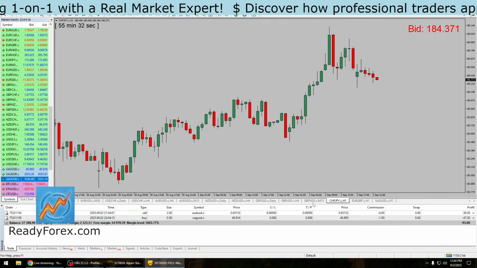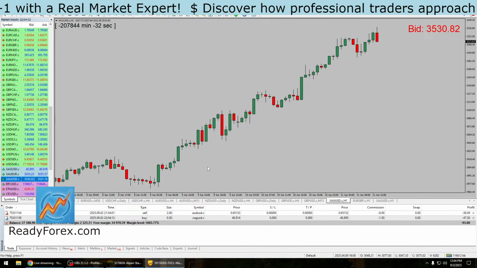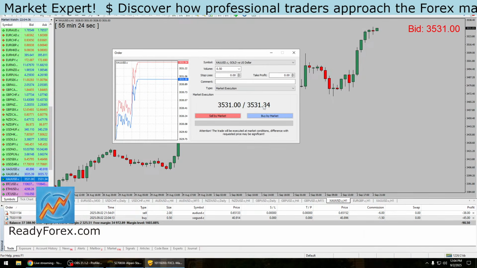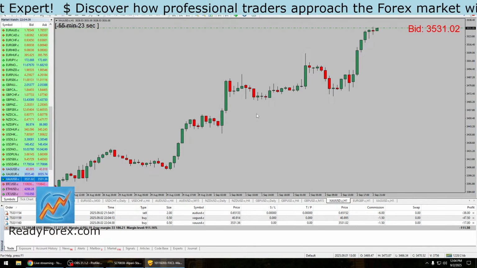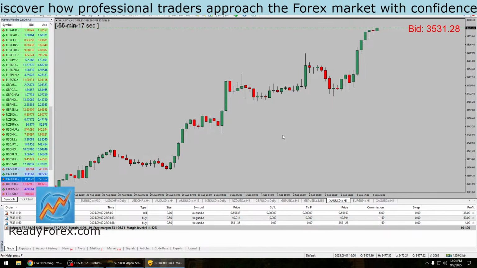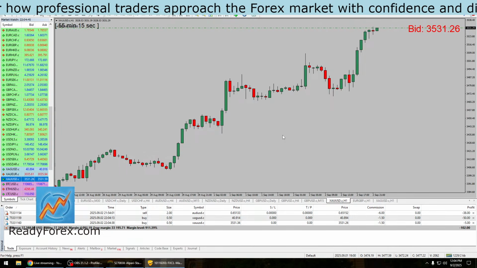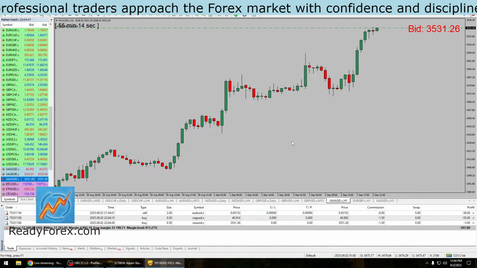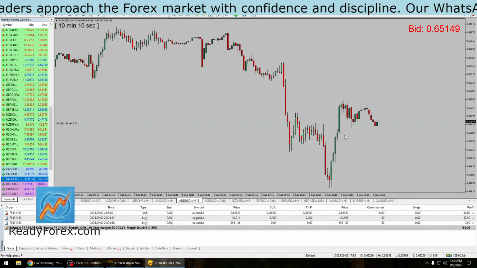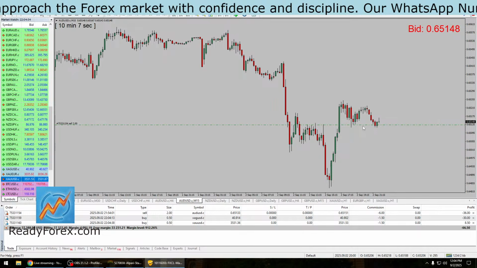So trading, new order 105. Okay, so spot gold and spot silver both are going up. I've taken a trade over here, and there's one trade going on, the sell inside Aussie dollar currency pair.